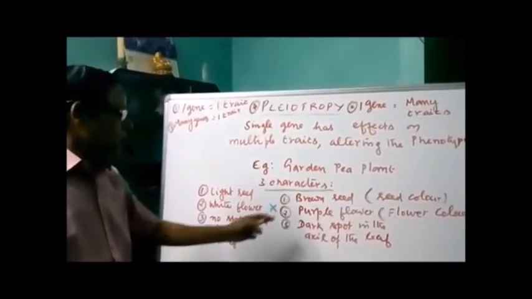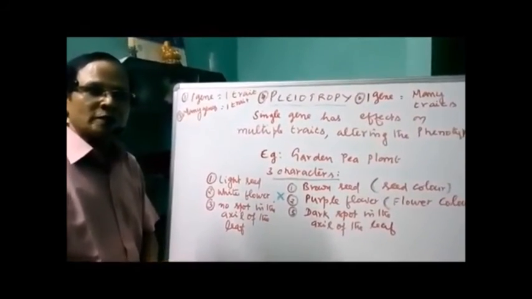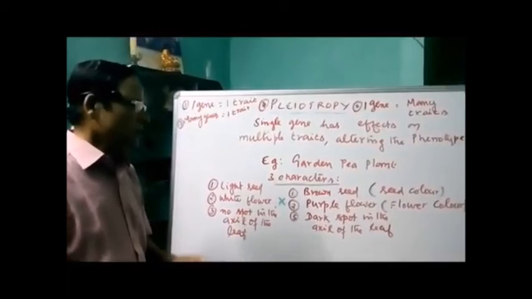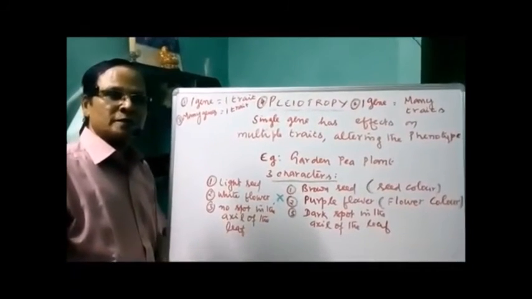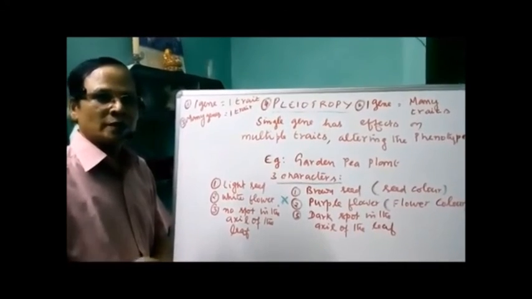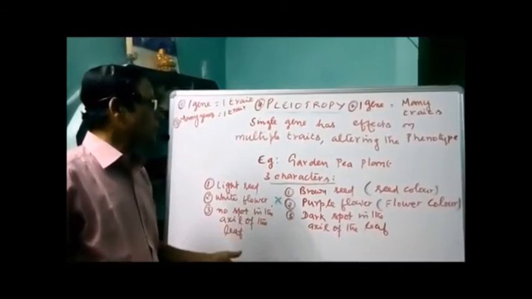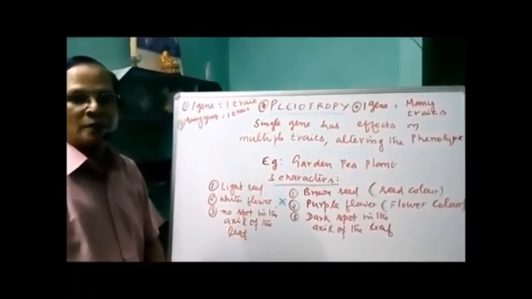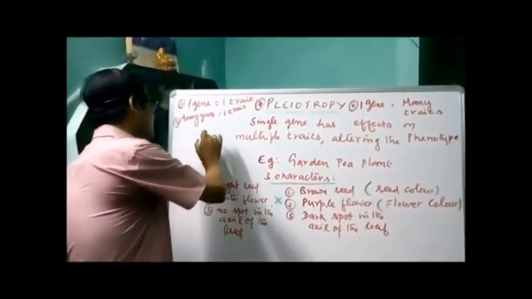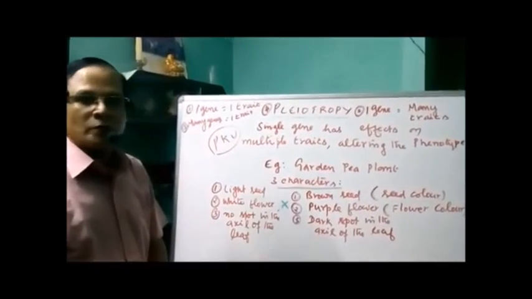Once again, I want to repeat: these three characters are inherited together as a single unit, controlled by a single gene with dominant and recessive alleles. Even sickle cell anemia is given as an example in the book for pleiotropy. Phenylketonuria, PKU, is also an example of pleiotropy.